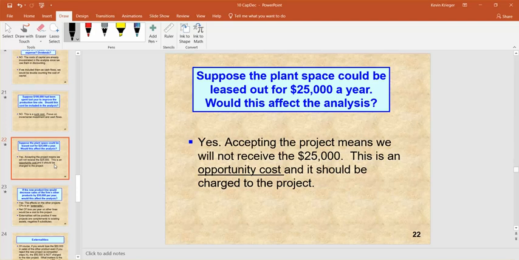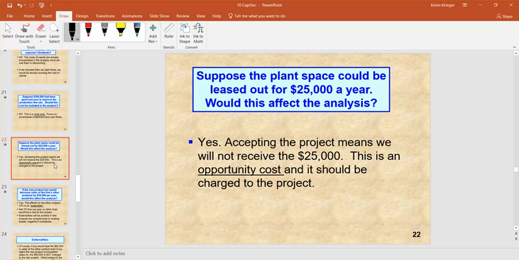Yes. Opportunity cost. Here, this is the exact example I was talking about a minute ago about the leasing. If you had space that you could have leased out for say $25,000, then that is an opportunity cost that you're now foregoing. The opportunity costs and externalities, remember, do get included.